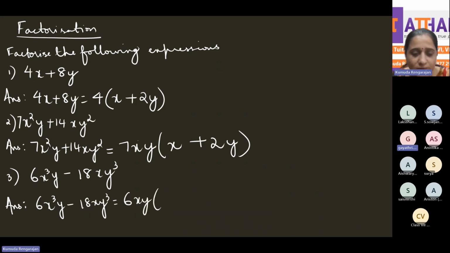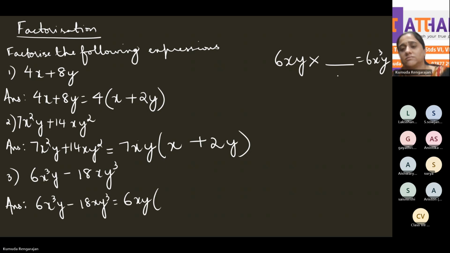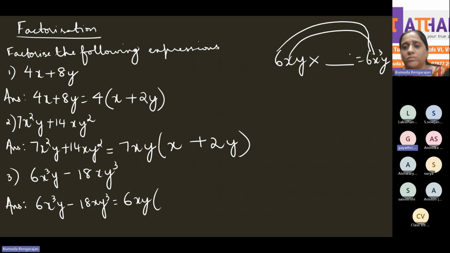Now 6xy into what will give you the first term 6x cubed y? x squared. 6 and 6 is there. x cubed, so x squared. And then y is already there. So x squared, right? Yes, ma'am.